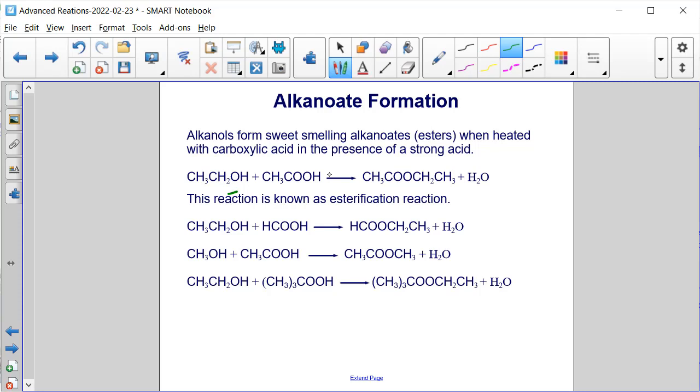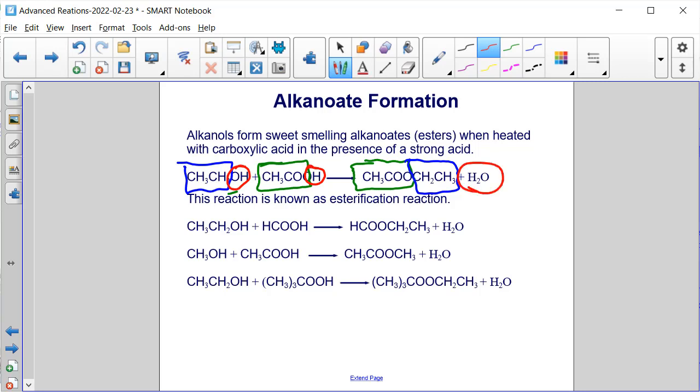We have this combination. This portion from the carboxylic acid, okay, combined with the alkyl portion of the alkanol, and that leaves us with an OH here and an H here, which form water.